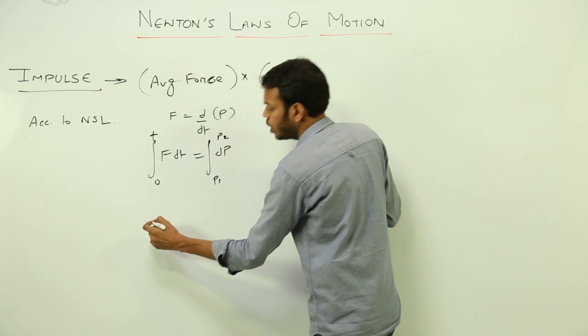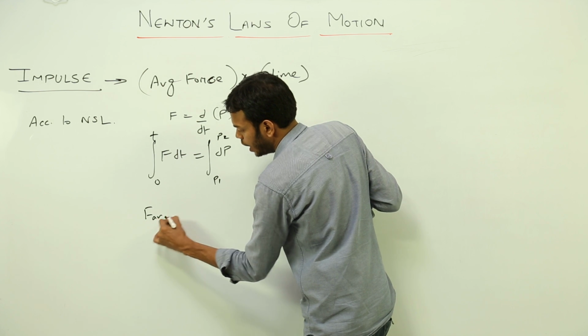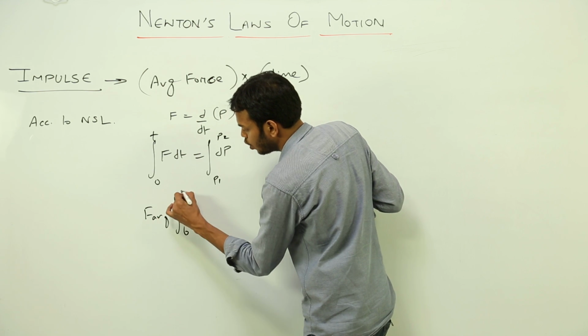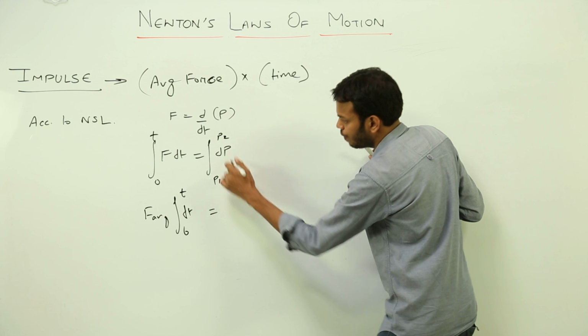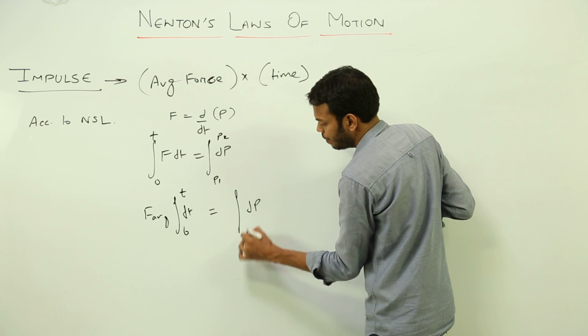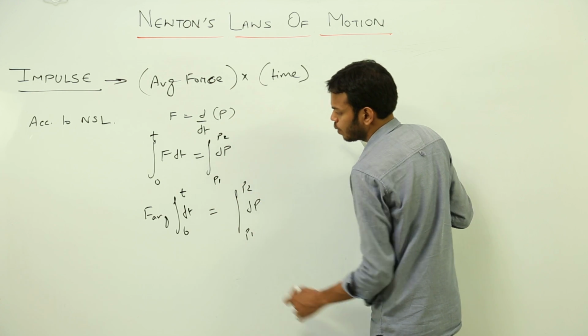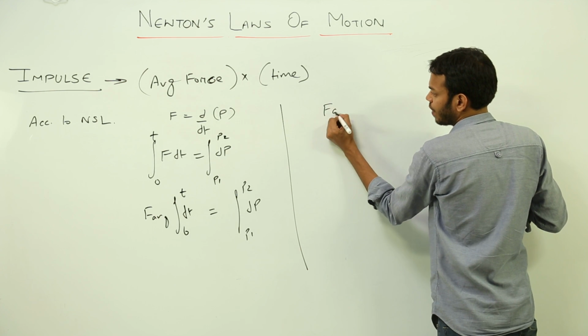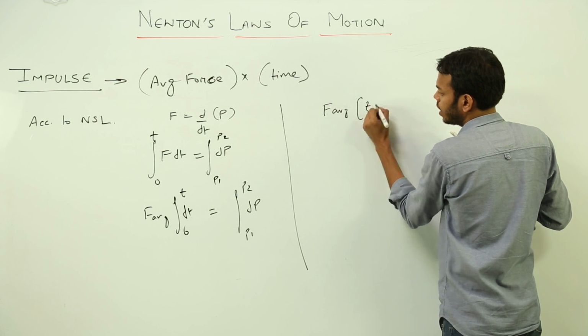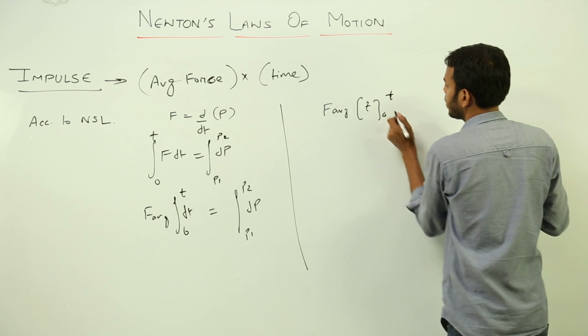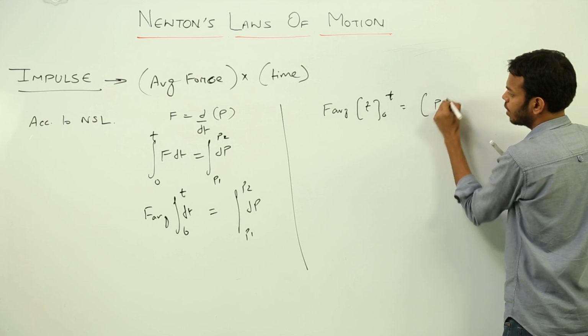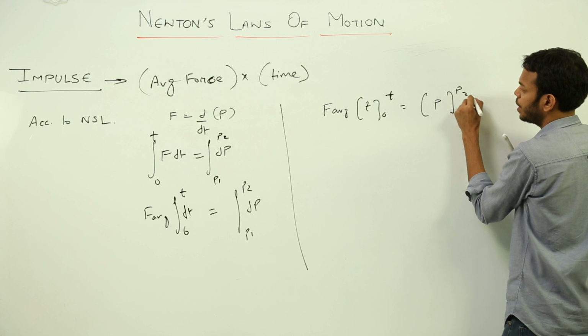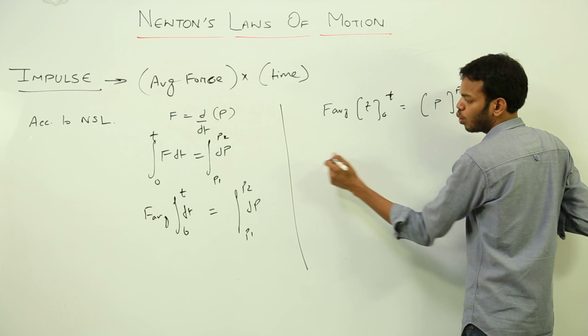So I'm taking this out, which is F average into the integral of dt from 0 to t, and then we have the integral of dp from p1 to p2. So I'm getting F average into t, from 0 to t, is equal to p from p1 to p2, upper limit minus lower limit.